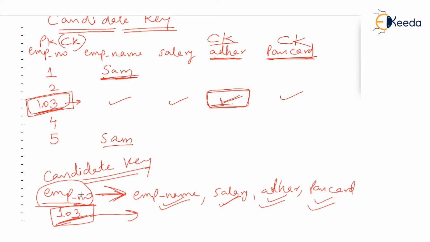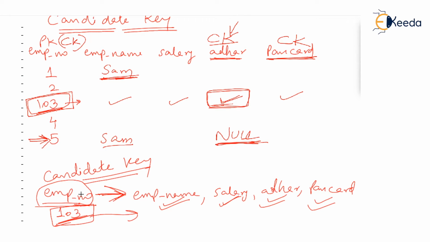And the primary key here is employee number. Now, what's the reason? Maybe this fifth employee to which I am pointing, Sam, has not yet applied for Aadhaar card number. Then Aadhaar card number of Sam will be null. Correct? So we can't make Aadhaar card number the primary key because primary keys are not allowed to be null.